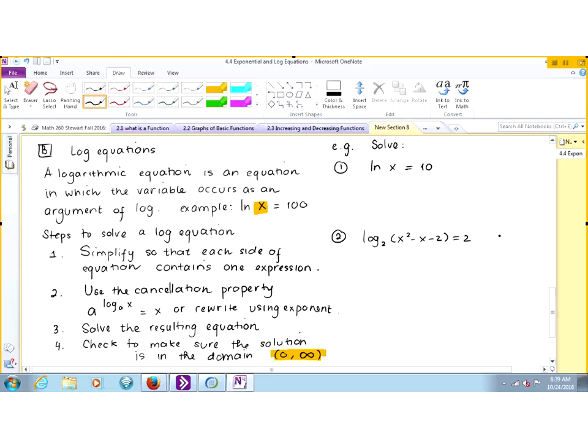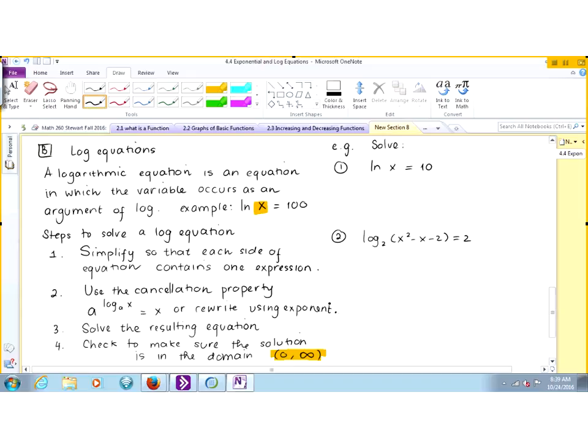So ln x is 10, so what do we do? Do we isolate so that I only have one expression on the left? Yes. How about on the right? Do I have only one expression? Yes. So we're good, right?